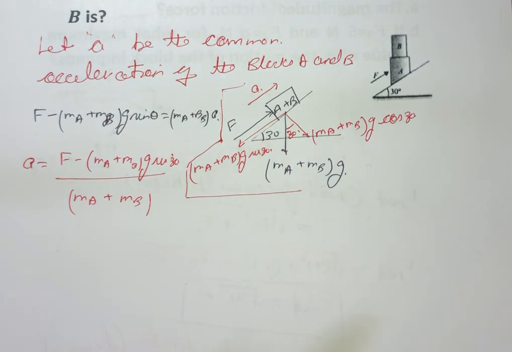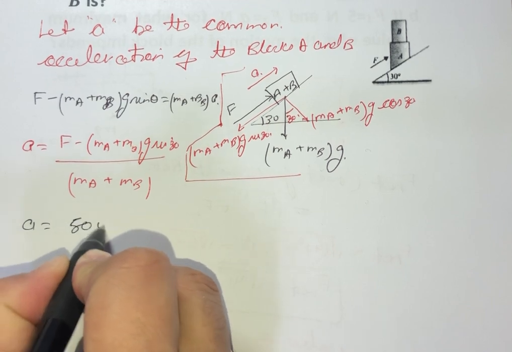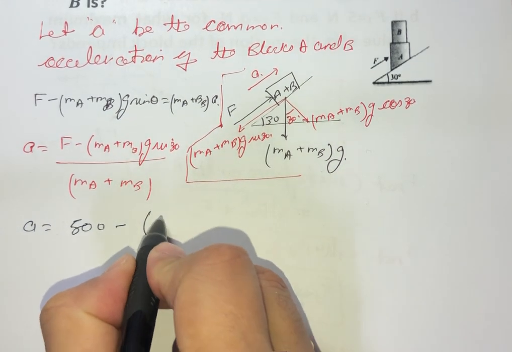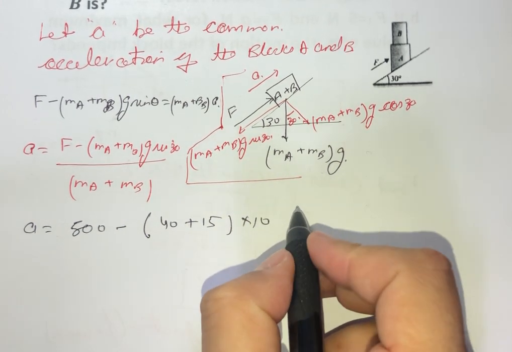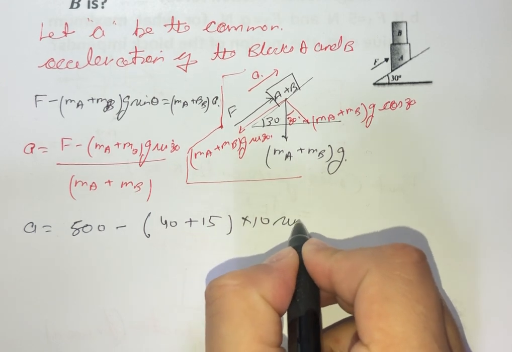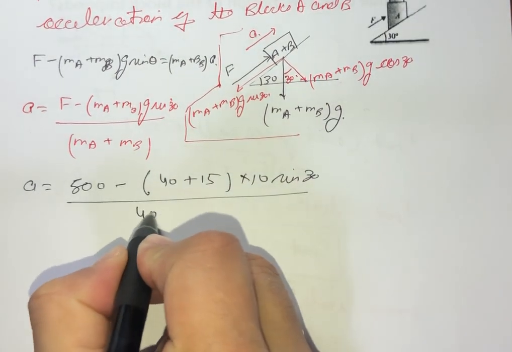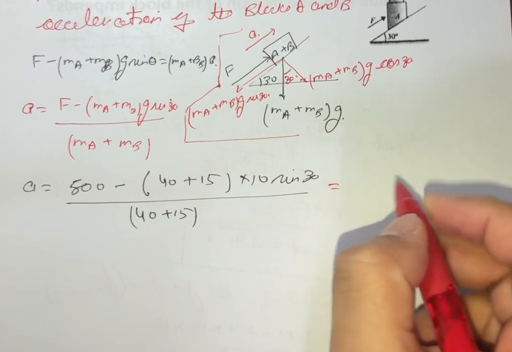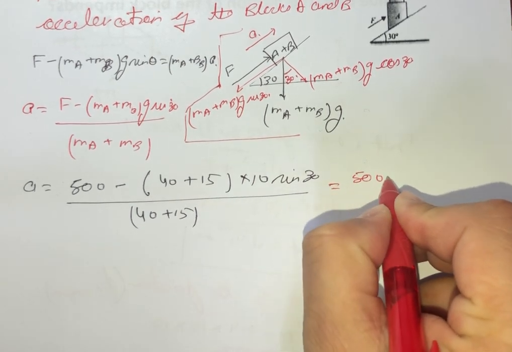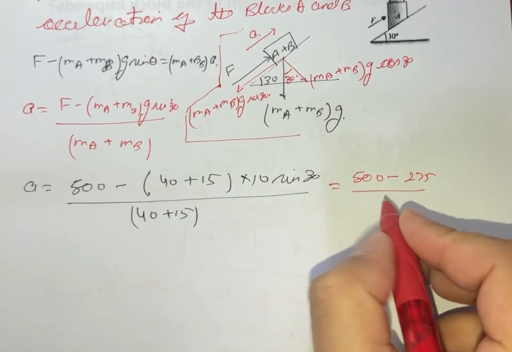Substitute the values. Acceleration A is F, which is 500 Newton, minus MA which is 40, plus MB which is 15, G is 10, and sine of 30, divided by 40 plus 15. So this will become 500 minus 275 divided by 55.